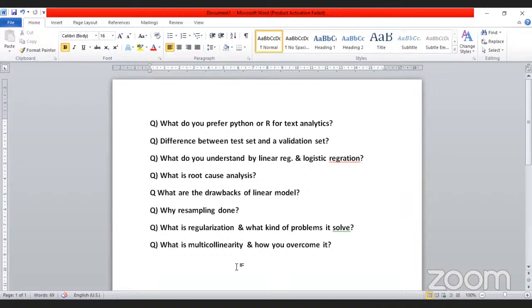Is it clear now what multicollinearity is and how to overcome it? When we have a relationship between our input variables, that is multicollinearity, and we check it with the help of the p-value from the model summary.